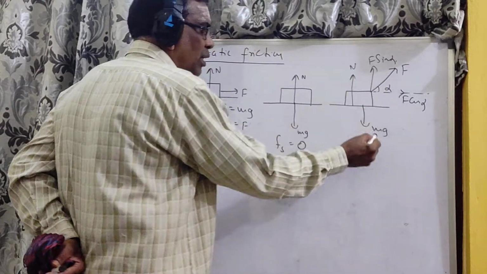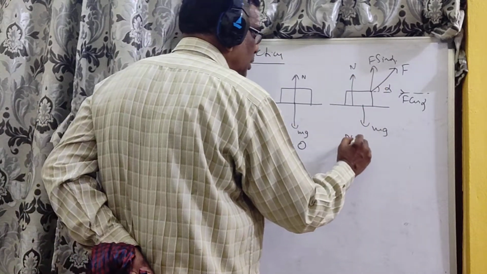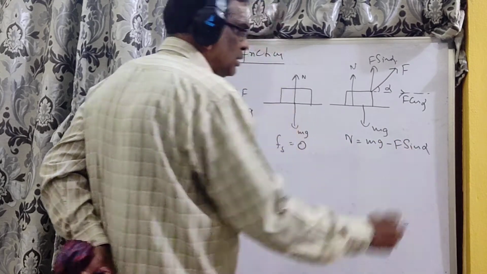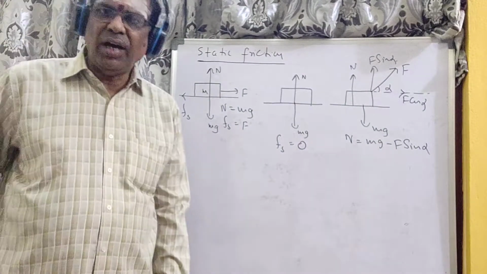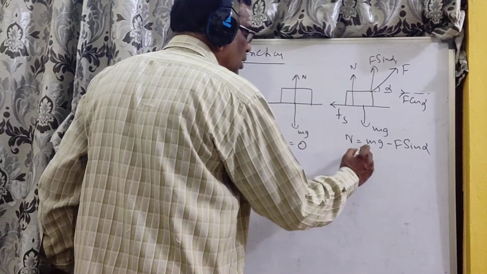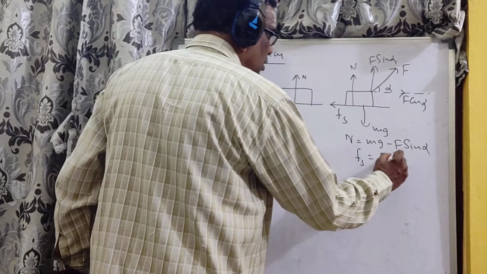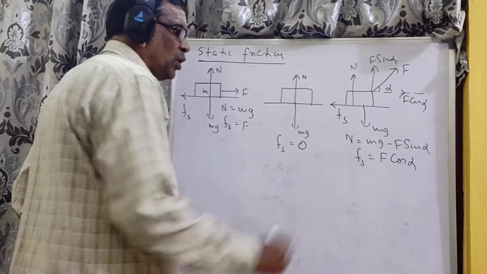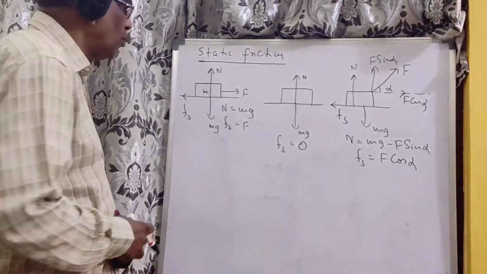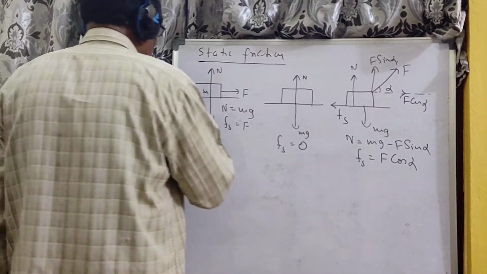N plus F sin alpha is equal to Mg, or N is Mg minus F sin alpha. Then what is this static frictional force? That is bound to be whatever you are applying, F cos alpha. One by one we will go.